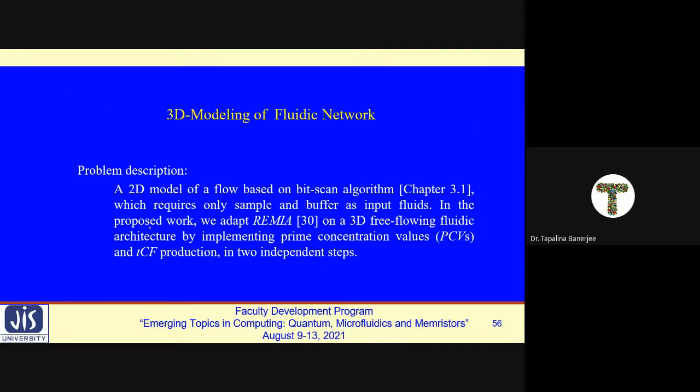Next, we are going to adopt REMIA, the reactant minimization algorithm, on a 3D free-flowing fluidic architecture, where we are going to use the PCVs. PCVs are simply prime concentration values, which are simply diluted forms of the samples. And we can make our target concentration factor by using 2 independent steps.